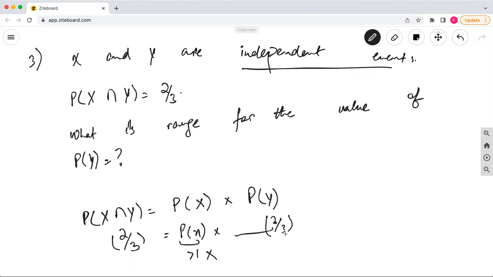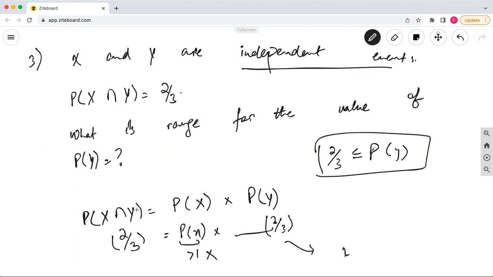So minimum value for this is 2 by 3, and maximum this could be equal to 1. Less than or equal to 1. Getting the point? So we can build out of this that probability of Y has to be greater than or equal to 2 by 3, so that we can get an overlap of this value.